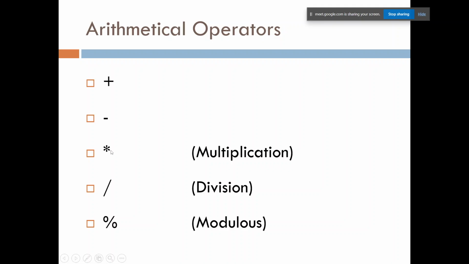There is no into symbol, nor does giving brackets mean multiplication. In mathematics people say that if you give brackets that means multiplication, and if there is no operator symbol, like ab, that is also multiplication. But here in C language you have to say a star b, then only it is multiplication.